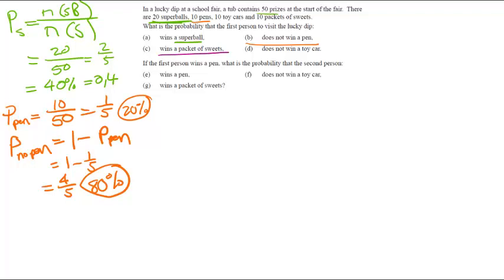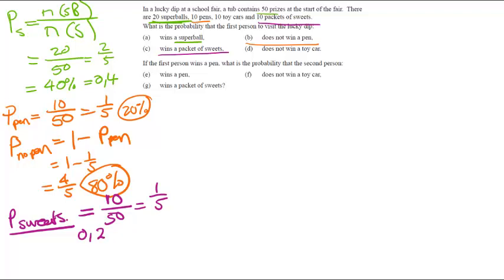Question number C. What is the probability of getting sweets? So the probability of sweets, again using the equation, is 10 out of a total of 50. So that brings us to 1 over 5, 0.2 decimal, or 20% probable. Last one, what's the probability that you do not get a car?